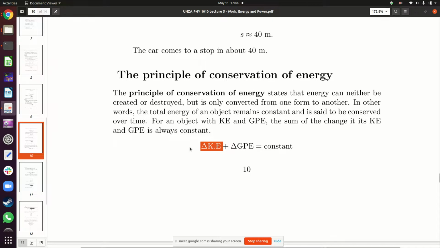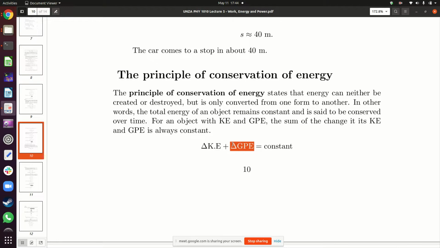Yes, sir. There is also some other form of energy which is not included in here. Okay? If, for example, an object is sliding on a flat surface, clearly on a flat surface, the change in gravitational potential energy is equal to 0.